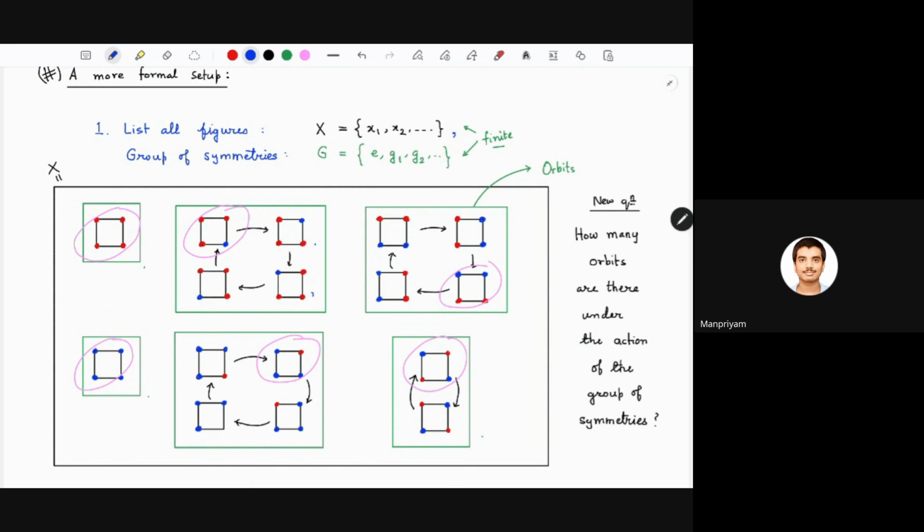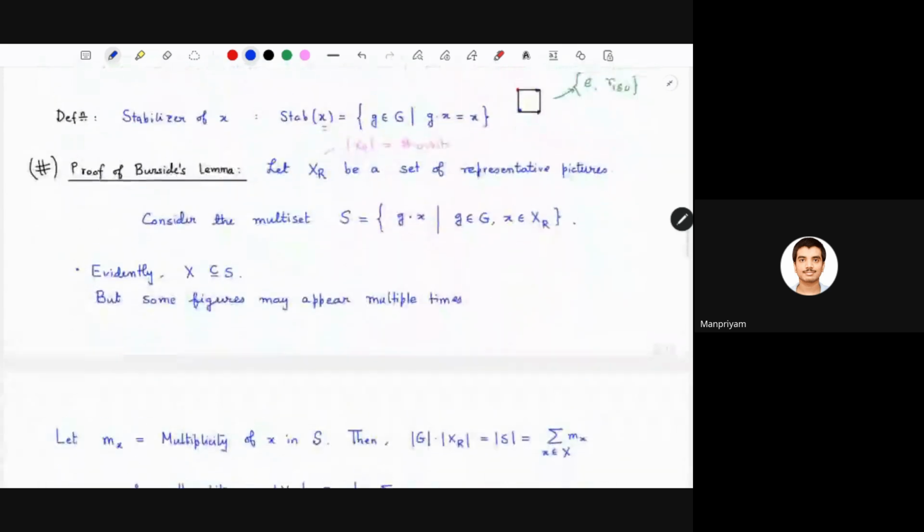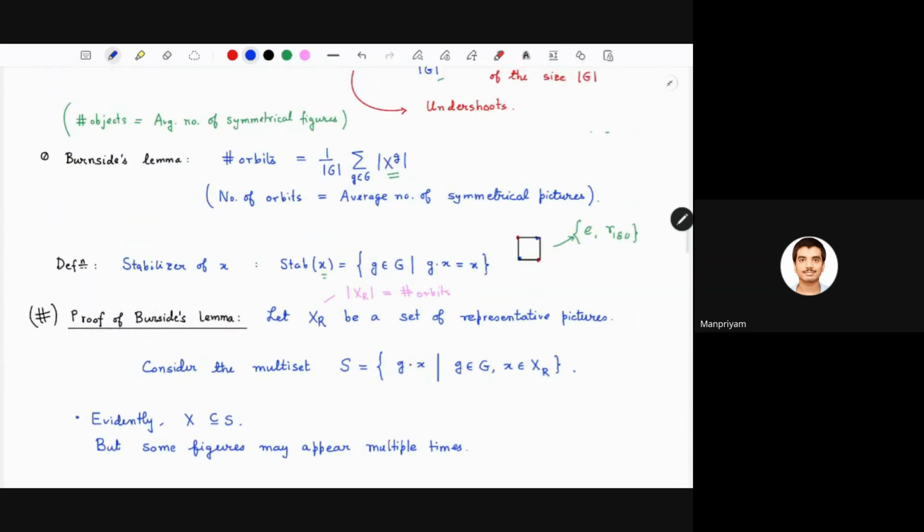So this is say X, and this is your representative Y. So to get from Y to X, you rotate twice. Okay. So yeah, you look at this multiset and every single element is there. But the question is, how many times does it occur? Some figures may appear once and some figures will appear multiple times.